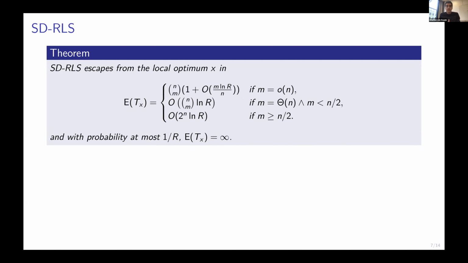And using a large R, like n to the power of c, which costs only a coefficient of c in the improvement time, the algorithm makes improvement efficiently with probability 1 minus n to the power of minus c. This is not so bad, but we still would like to make sure that the algorithm always works. So on the next slide, we will see a more reliable version of the algorithm.